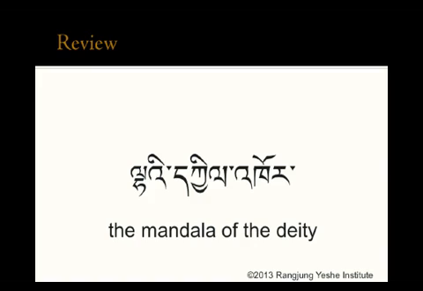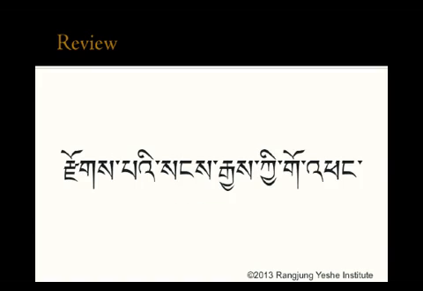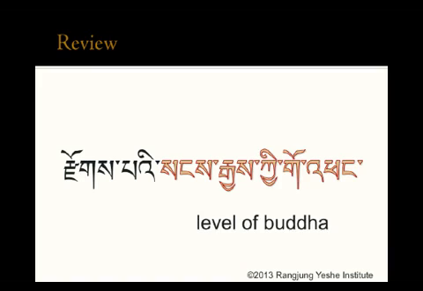Let's try a couple more examples. Dzogpe sangye ki gopang. Now this phrase has two connective particles, so let's again work right to left. Gopang is level, then there's a connective particle, joining this to sangye, Buddha. So just this much reads, the level of Buddha.